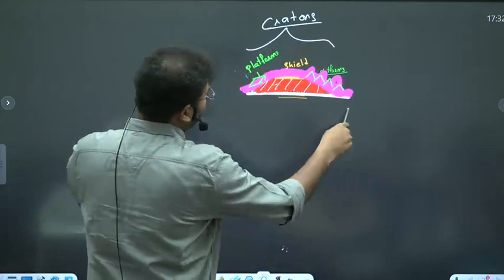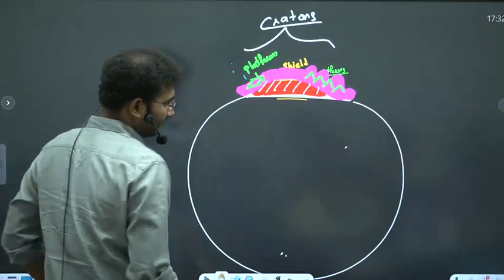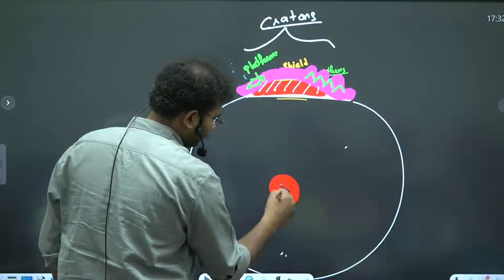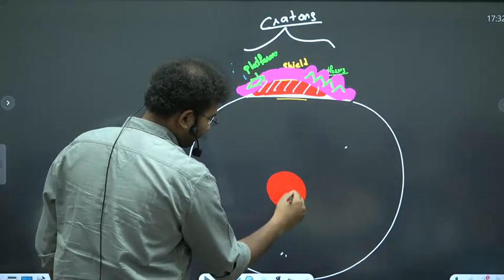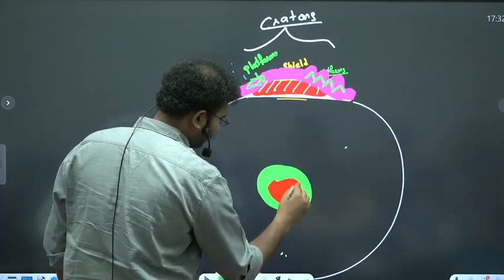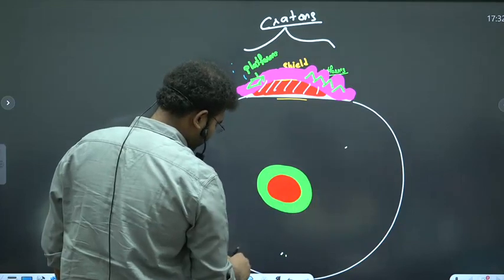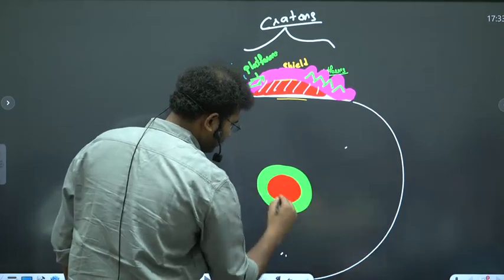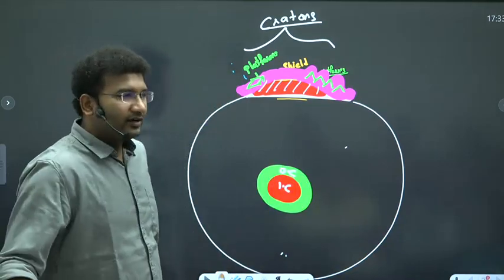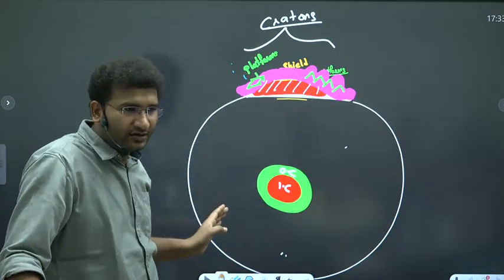Look here. Inner core, outer core. You know that अभी लैंडफॉर्म तो बन गया है, ऐसे कई सारे लैंडफॉर्म्स हो सकते हैं अराउंड द अर्थ.